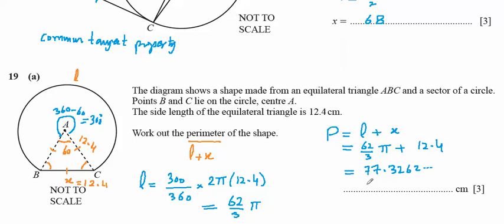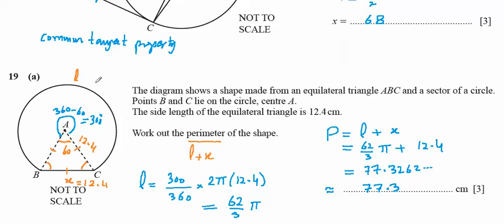Rounding to three significant figures, this will be equal to 77.3, because the neighboring digit of 3 is 2, which is smaller than 5. We don't increase any value here. So 77.3 centimeters is the perimeter of this shape.